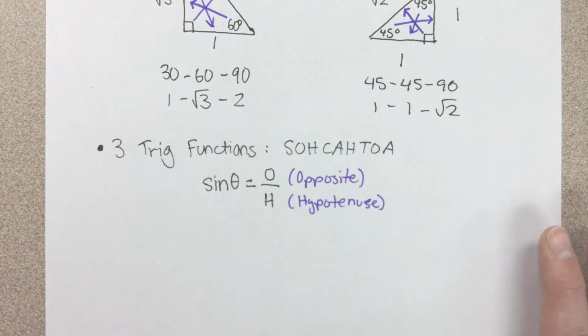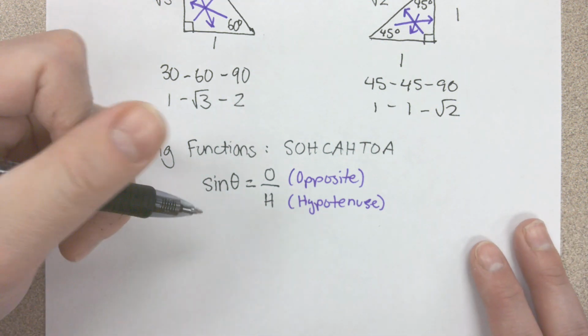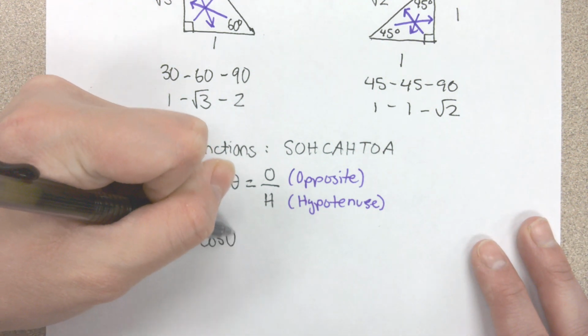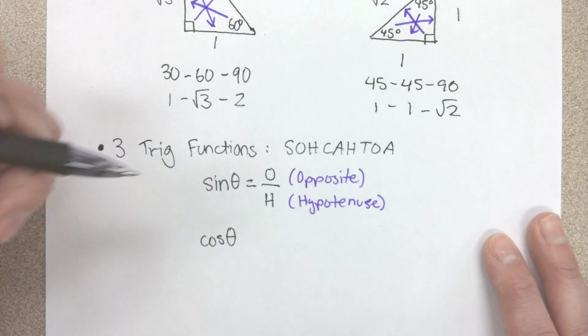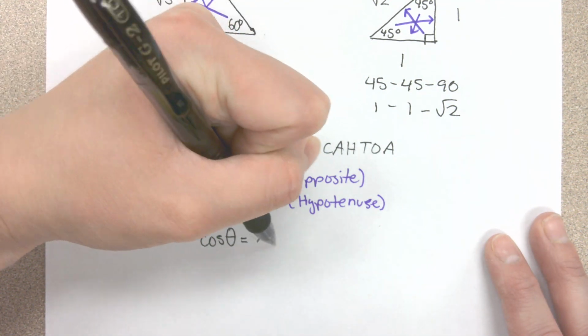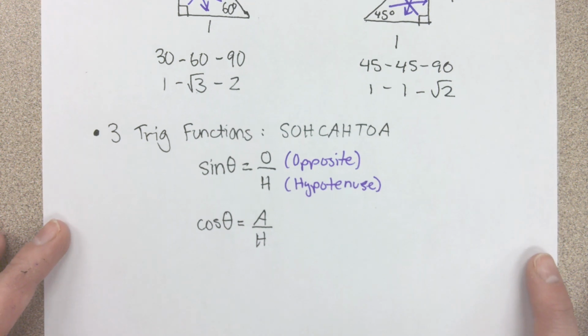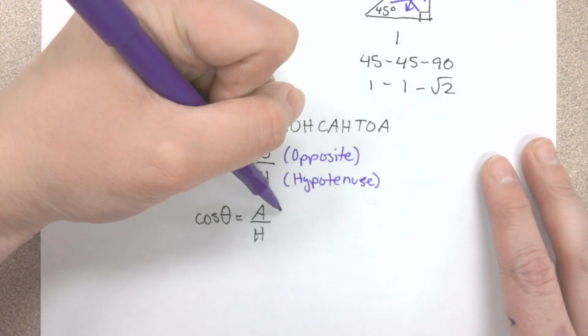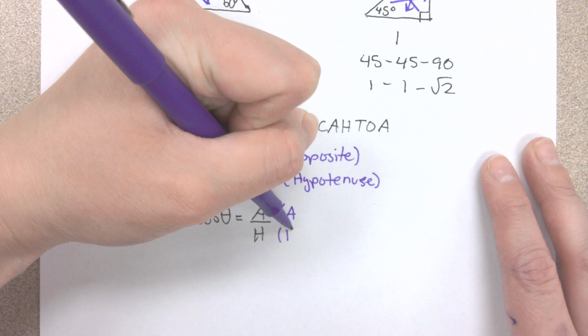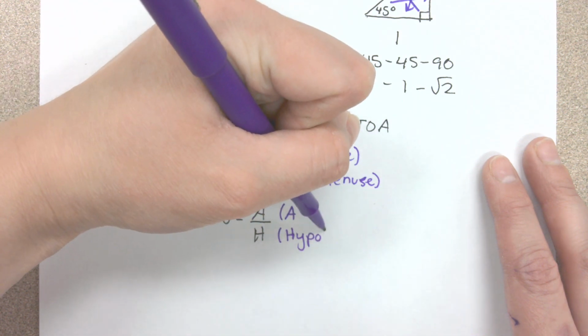Next we have the CAH. What does C represent? Cosine, C-O-S for short. Cosine of theta is equal to A over H. That H is still hypotenuse. What does the A represent? Adjacent.